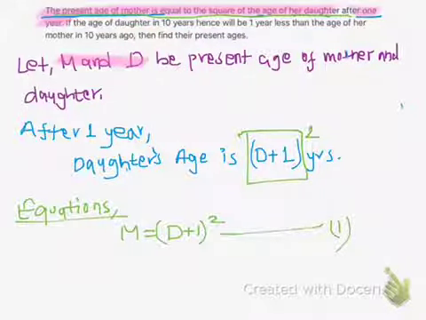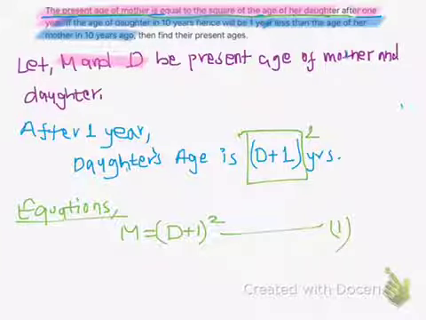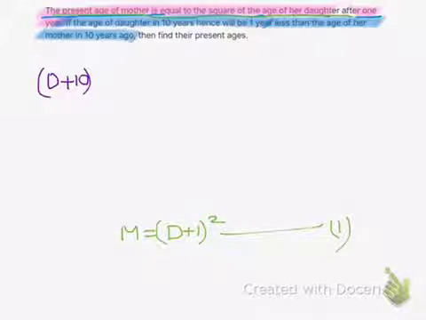Now let us look at the second part of the question. The age of daughter in 10 years hence, means after 10 years, will be 1 year less than the age of our mother in 10 years. So let us try to make our second equation.